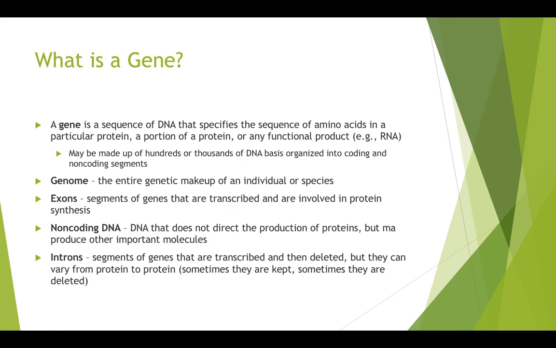So we've redefined genes as a sequence of DNA that specifies the sequence of amino acids in a particular protein, that specifies the sequence of amino acids in a portion of a protein, or that is responsible for any functional product, including RNA. A particular gene may be made up of hundreds or even thousands of nucleotides, organized into both coding and non-coding segments.